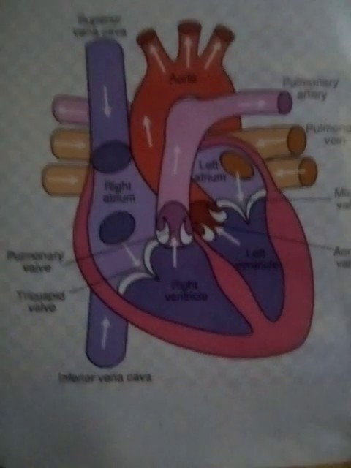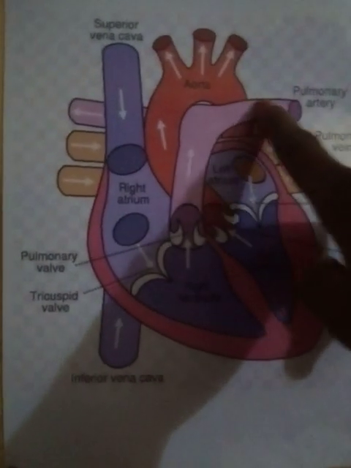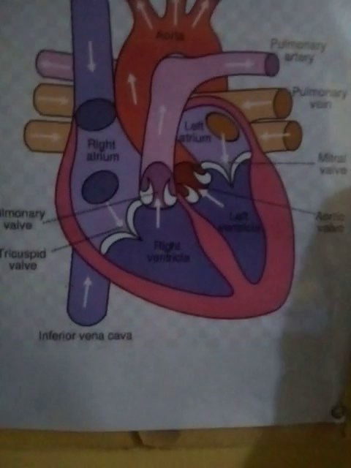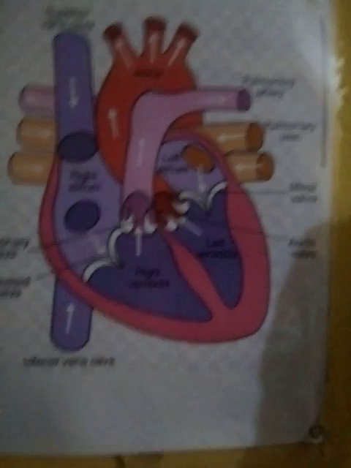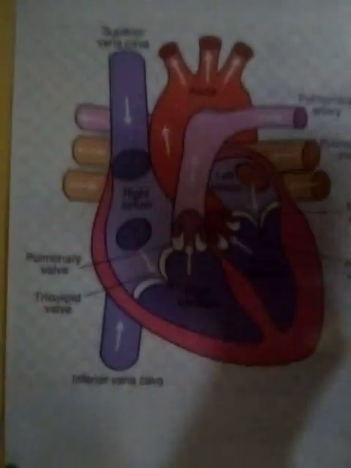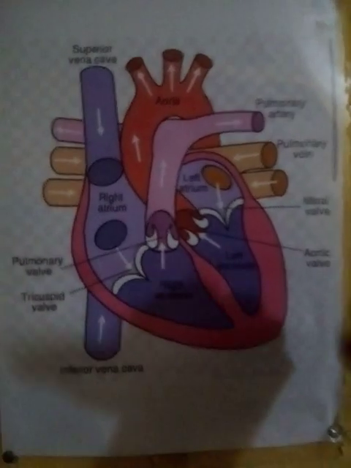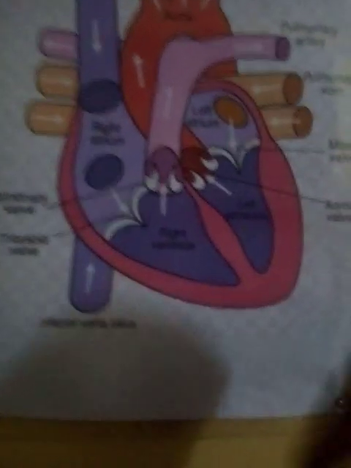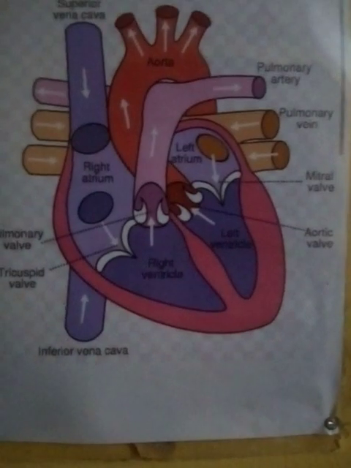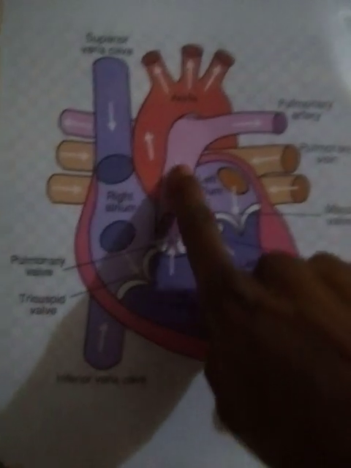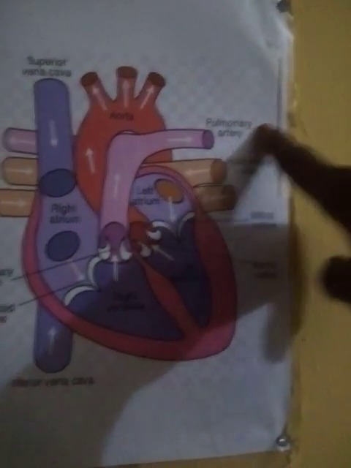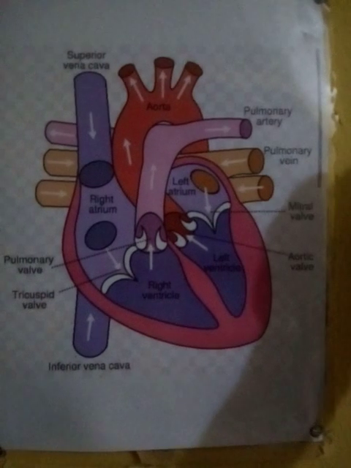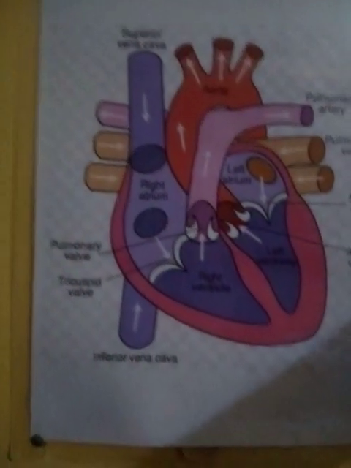This blood is going to the lungs to pick up oxygen, because what the body needs is oxygen, and it is this blood that conveys this oxygen to supply the vital organs of the body system. So this blood going from the pulmonary artery is going to pick the oxygen from the lungs.